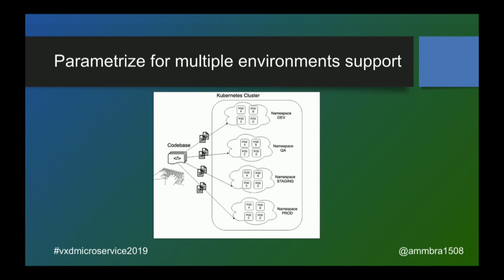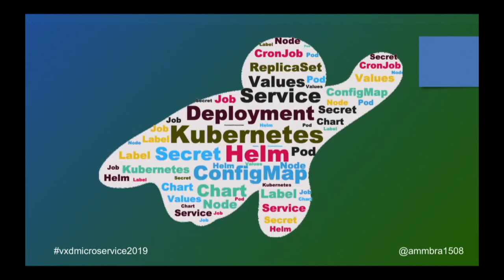So parameterizing for multiple environment support is not exactly out of the box when using plain Kubernetes YAML files. And this is where Helm comes to your rescue. Helm helps you to manage and package your Kubernetes application, and it makes it easier for you to work with Kubernetes objects.